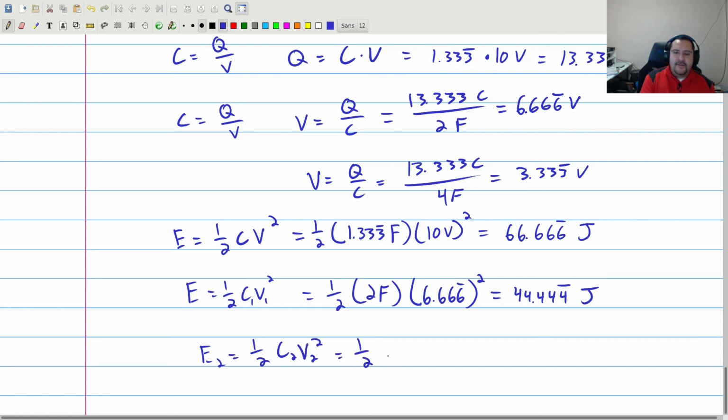That's equal to 1/2 times 4 farads times this one was 3.33333 volts, squared. So 0.5 times 4 times 3.3333333 squared, I get 22.222 joules, repeating.